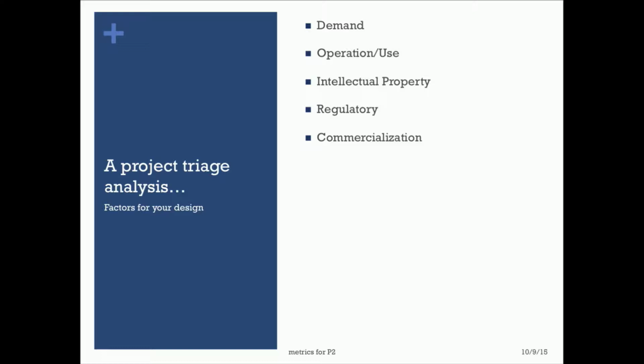They include what is the demand or market, what are the problems or challenges in operating or using the systems and the process, what is the intellectual property that's going to be needed to cover this, are there any regulatory issues, and if we commercialize this, how will that go? Do we have the people in place to do so? Not all of these elements apply equally well to every scenario, but we are going to apply them to this particular one.